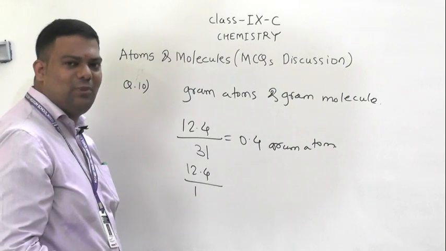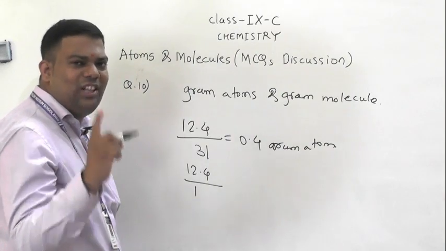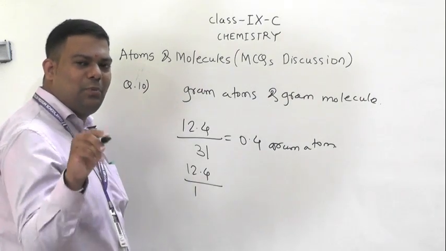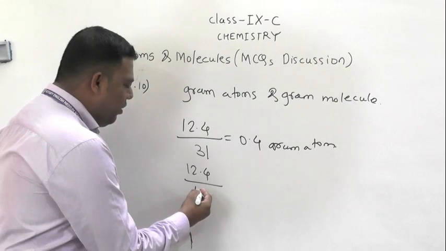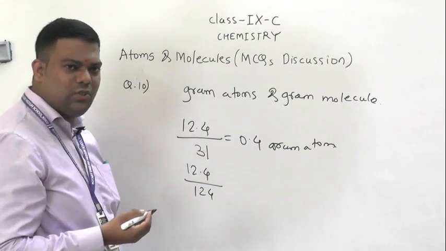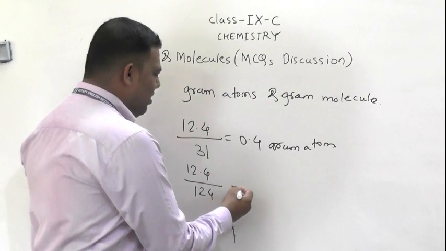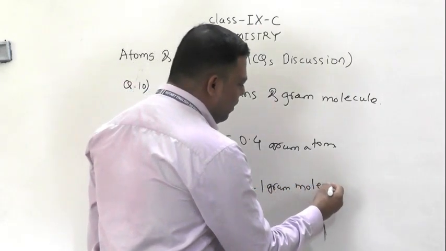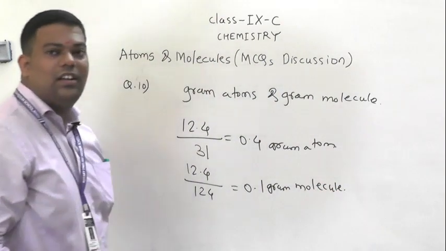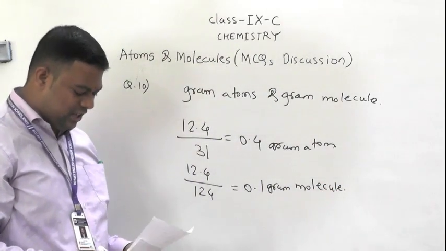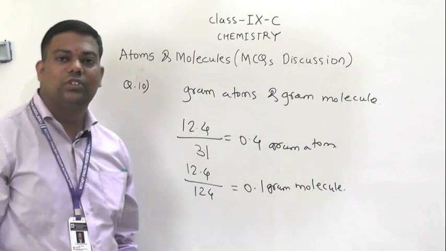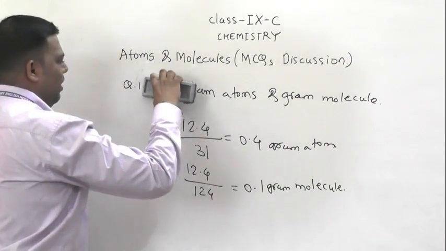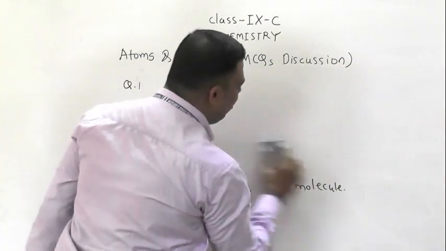P4 is the phosphorus molecule, while for an atom it is only one phosphorus with atomic mass 31. P4 is 31 into 4, 124. Then you will get 0.1 gram molecule. Understood? So these are your numericals regarding gram atoms and gram molecules.